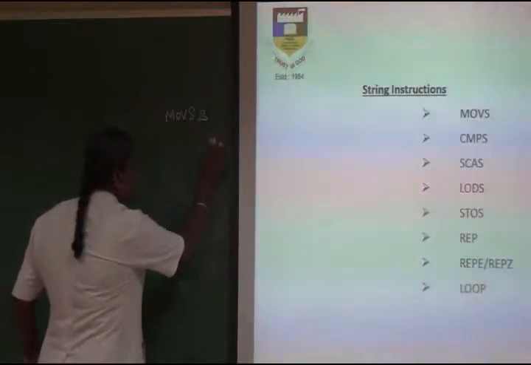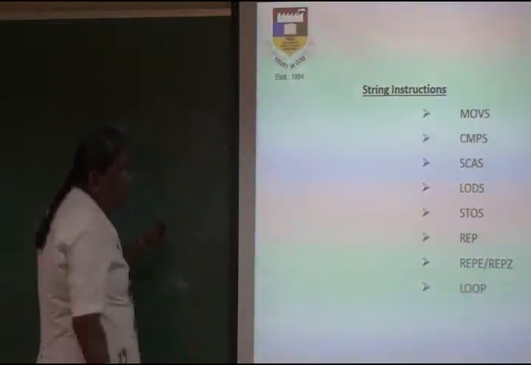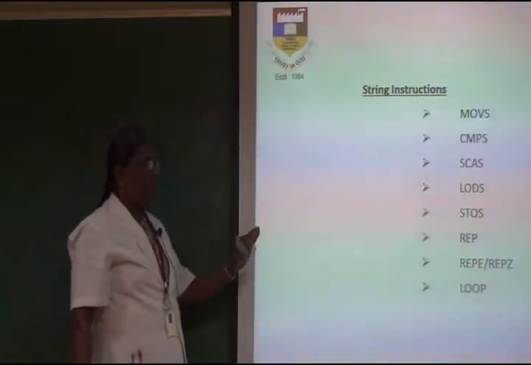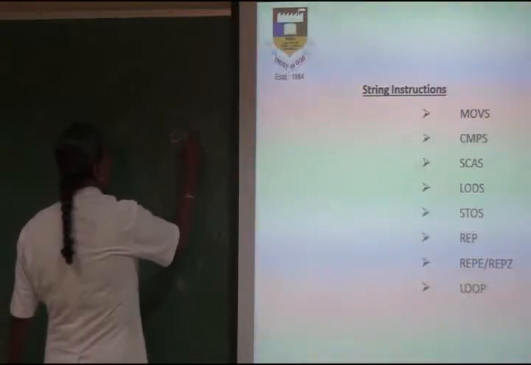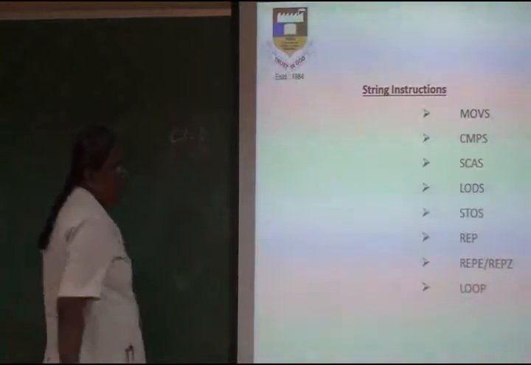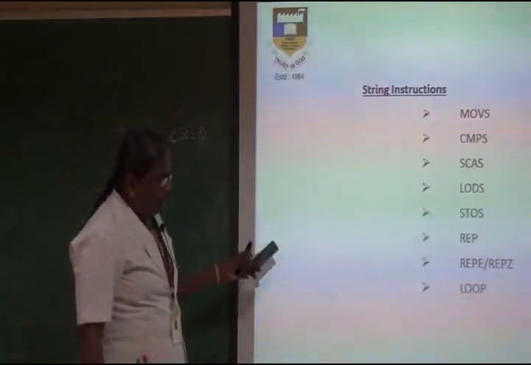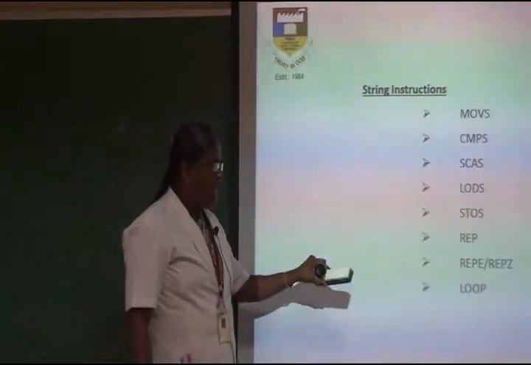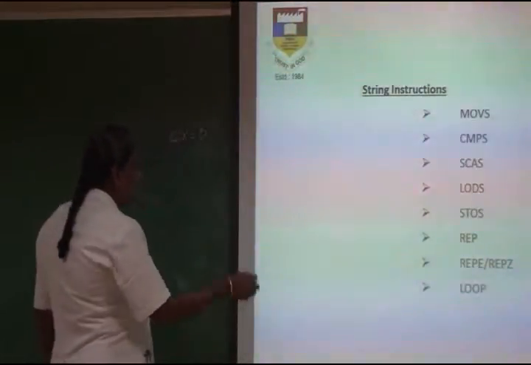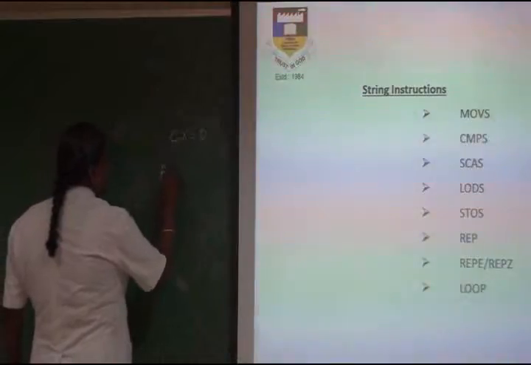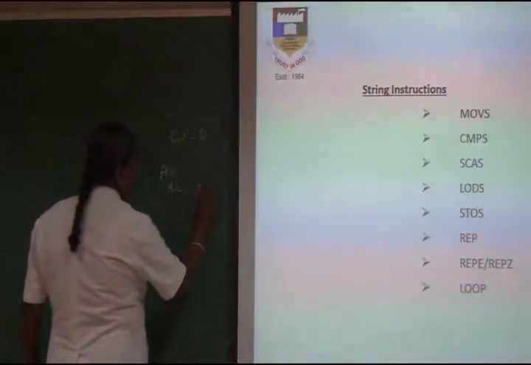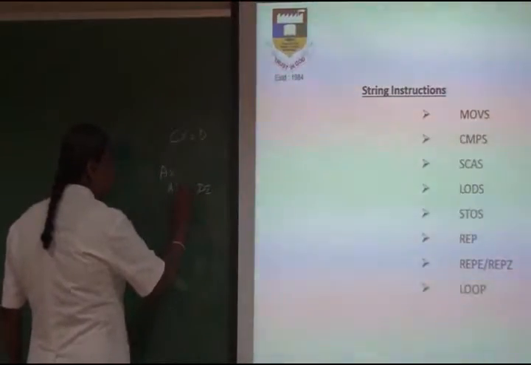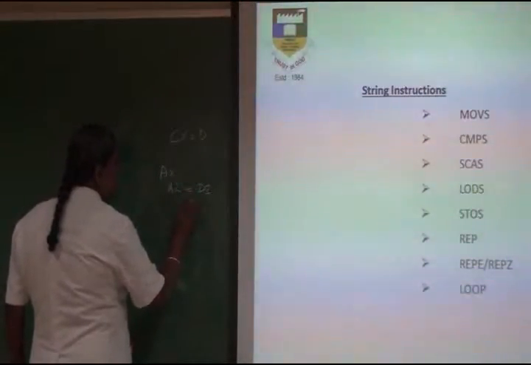It is a prefix instruction, which repeats a particular instruction until the CX count register becomes 0. And repeat equal or repeat Z means whenever the data in AX register or AL register is compared with DI register, if they are equal, that is the zero flag will be set.